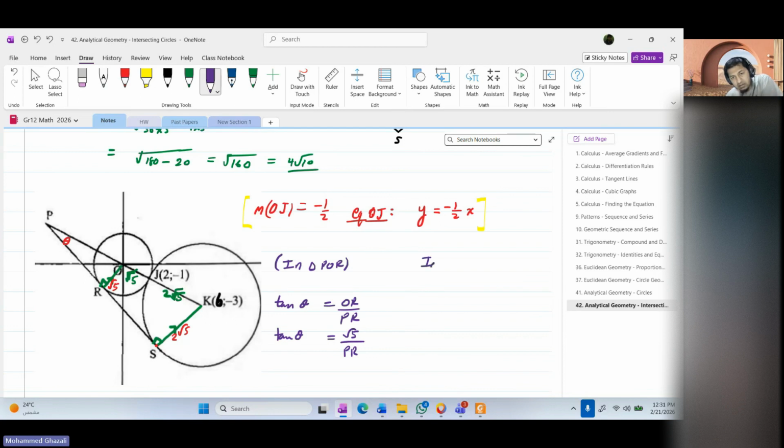In triangle PKS, tan theta is opposite over adjacent. So opposite is KS over PS. KS is 2 root 5 over PS. That's tan theta. So now I can equate both the tan thetas here because obviously the tan thetas are equivalent.